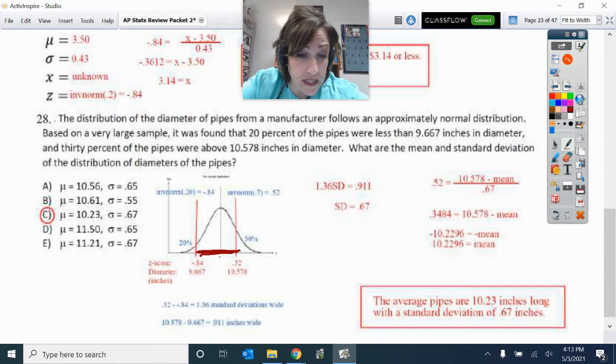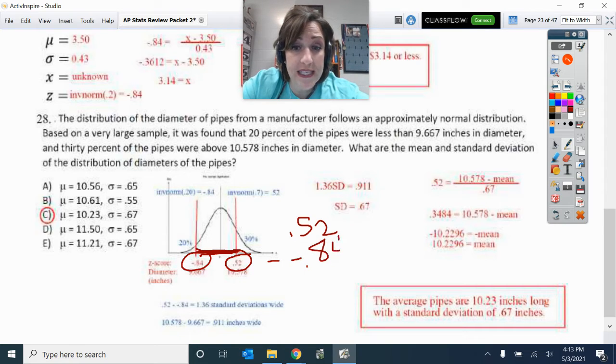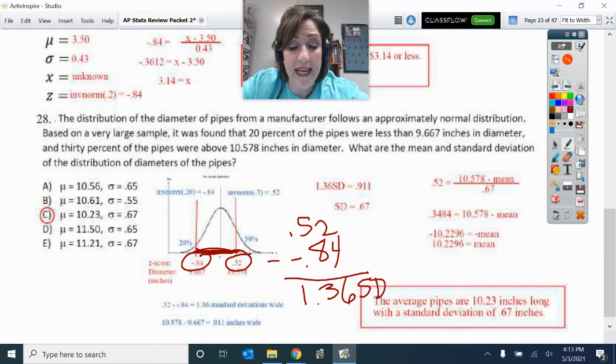So if you notice, what I did was I took 0.52 standard deviations above. Okay, so I did 0.52 minus negative 0.84 to see that this width is 1.36 standard deviations wide. That's what I have here.